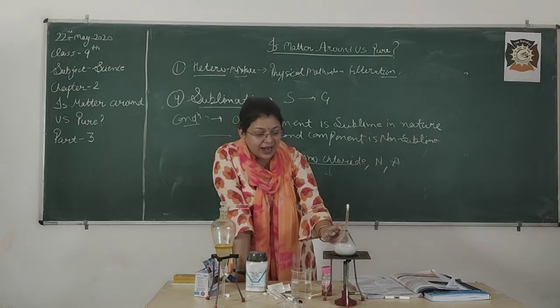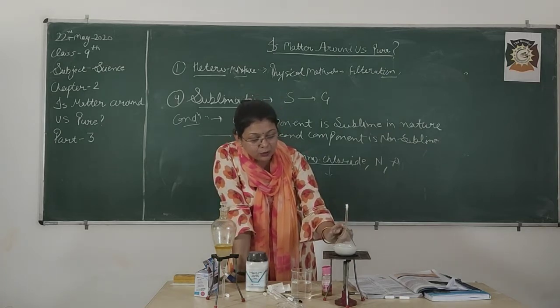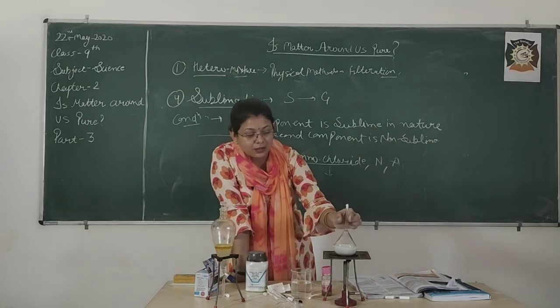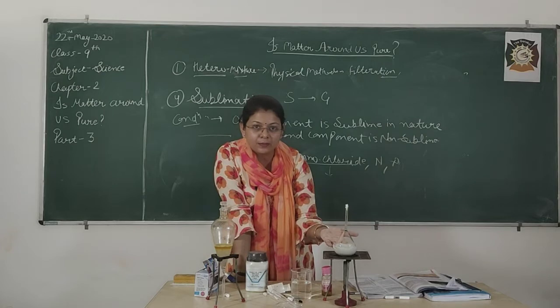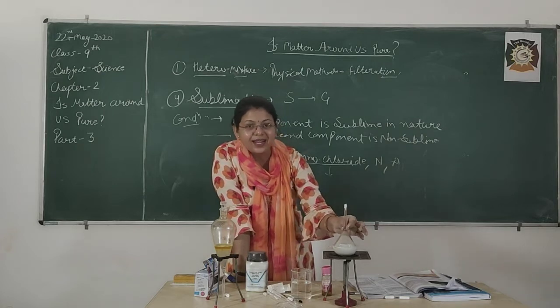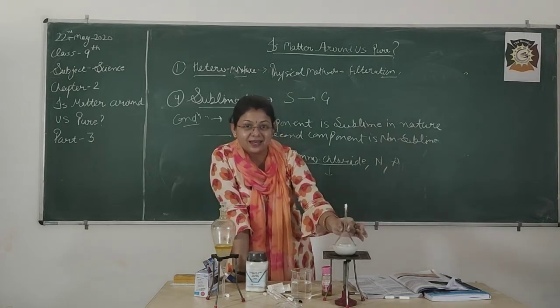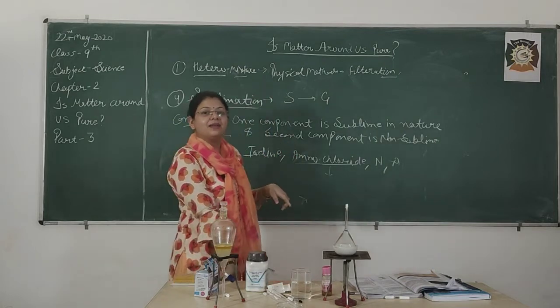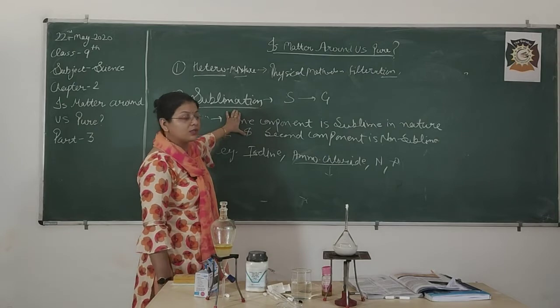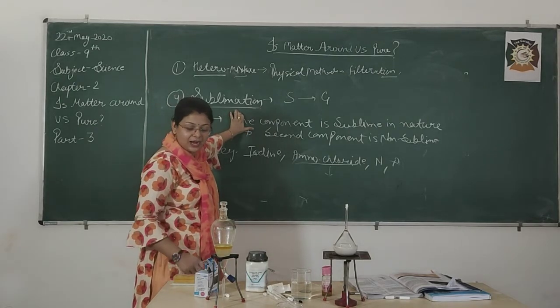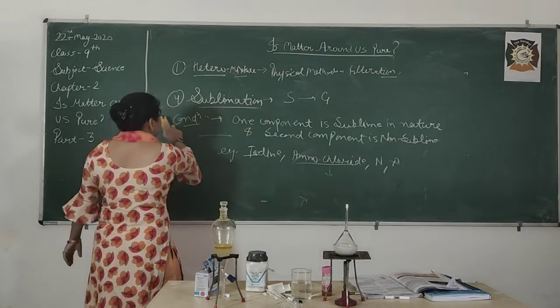Vapor form. When these vapors rise to this part, the temperature here is comparatively less than the bottom, so they are going to condense here directly, and the NaCl remains in the china dish. The whole process is sublimation, and we separate the components by sublimation.